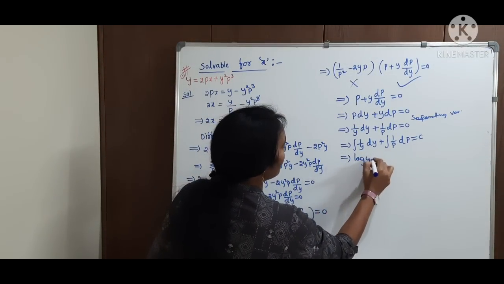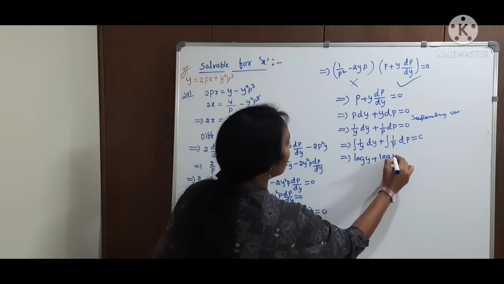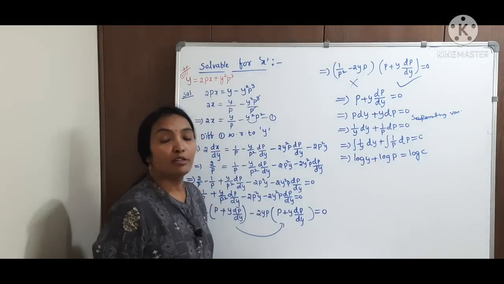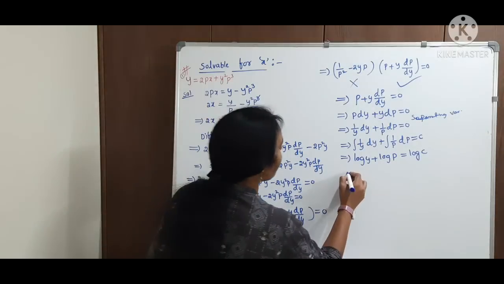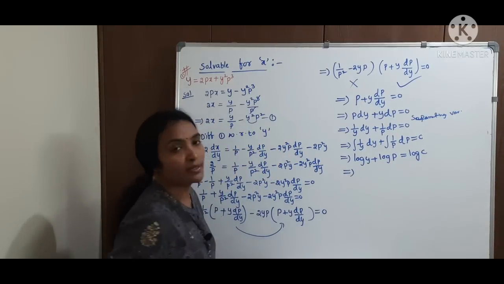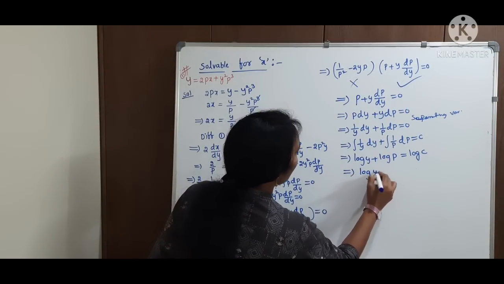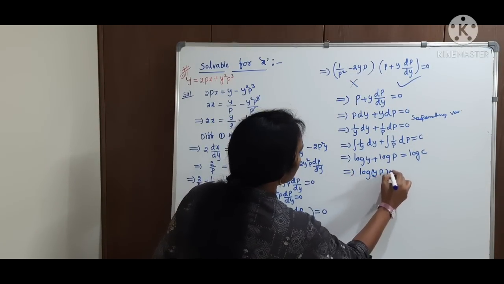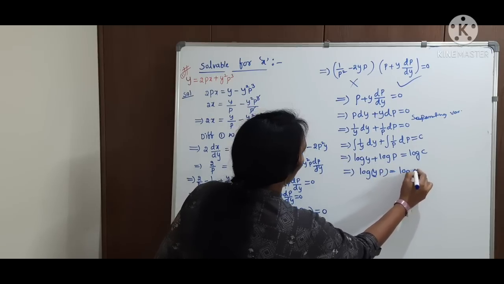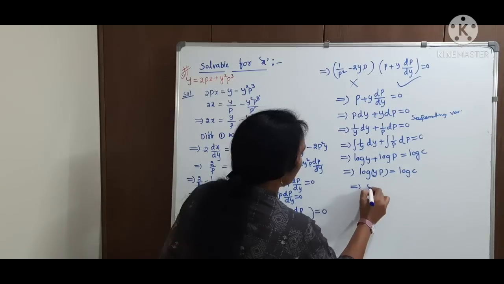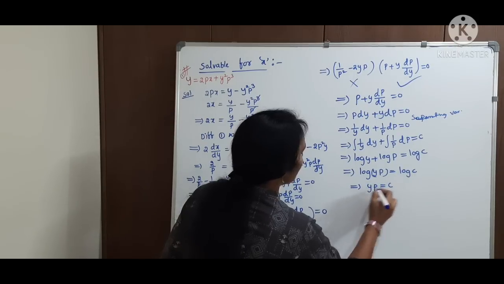Done. Now this is log p. If both are log, then automatically the arbitrary constant is also in terms of logarithms. Okay. Now log a plus log b is log ab, right? So log yp is equal to log c. Done. Both sides log get cancelled. What is the remaining? yp is equal to c.